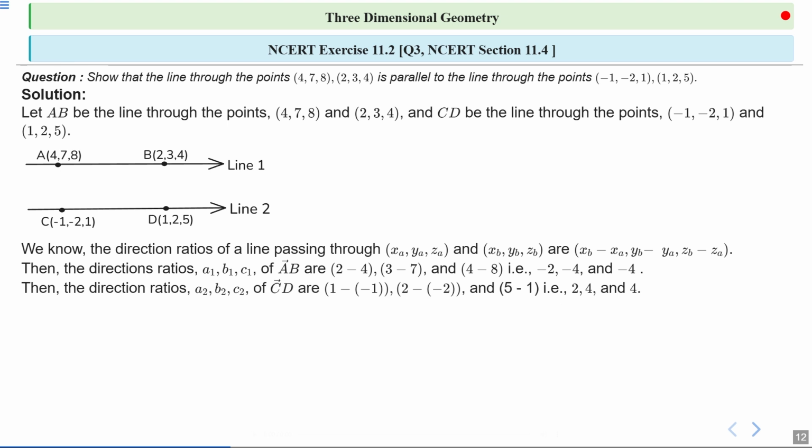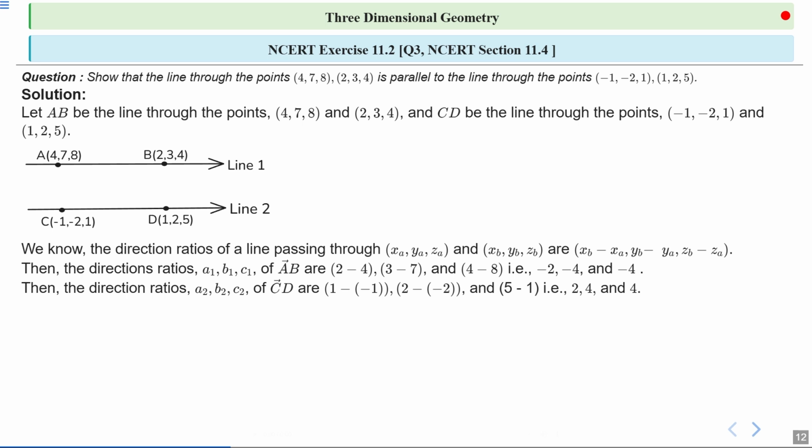Next, let's find the direction ratios for the second line, which goes from (-1, -2, 1) to (1, 2, 5). So here the direction ratios A2, B2, C2 of line CD are 1 minus -1, 2 minus -2 and 5 minus 1.